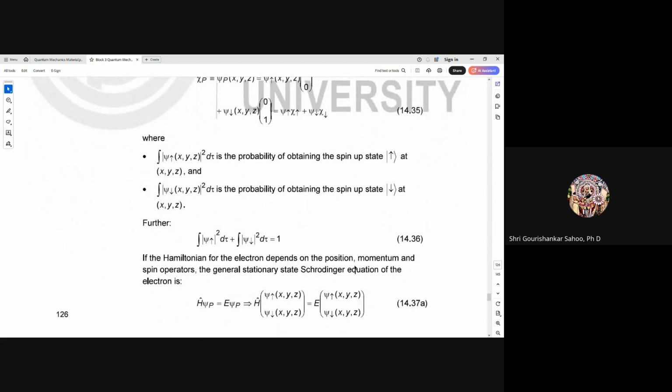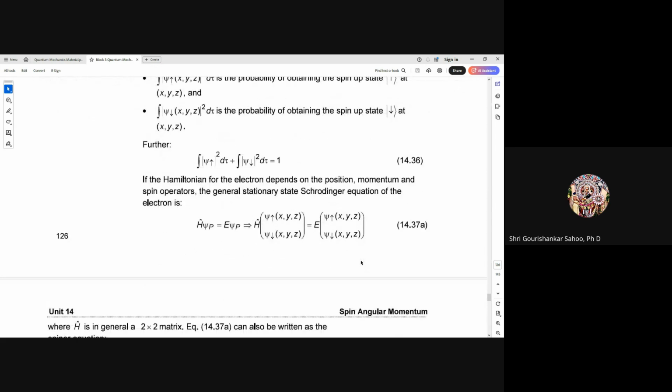And the integral shown on the screen is the probability of obtaining the spin up state at x, y, z, and the integral of psi down squared d tau is the probability of obtaining the spin down state at x, y, z. So correct it in your course material: the second one is spin down. Further, the integral of psi up squared d tau plus the integral of psi down squared d tau is equal to 1.